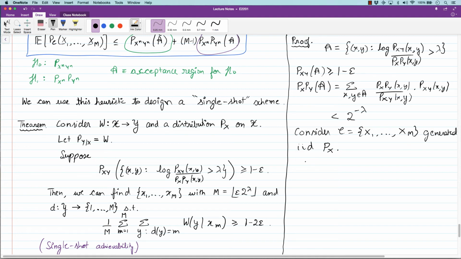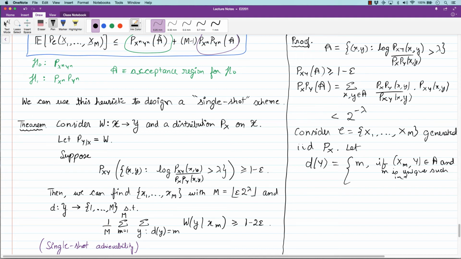So let d of y equal m if xm comma y belongs to A and m is the unique such index.